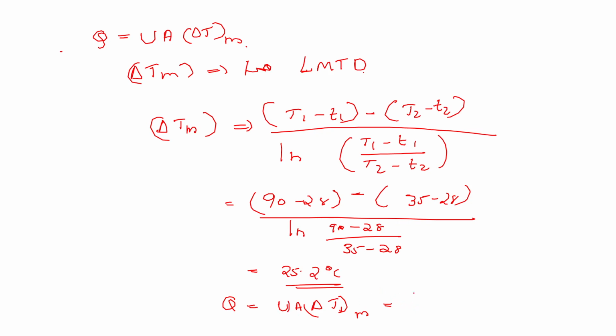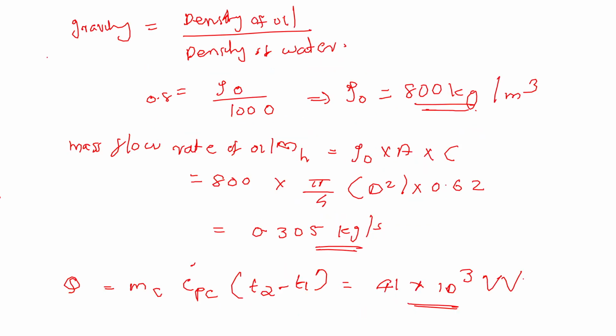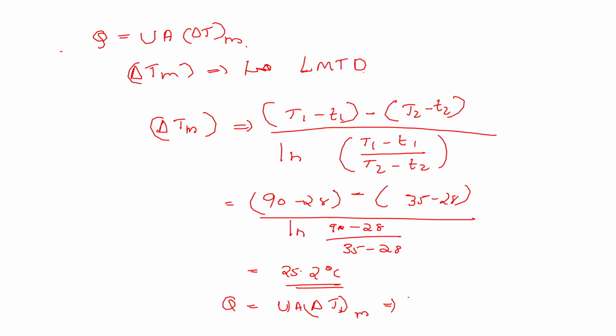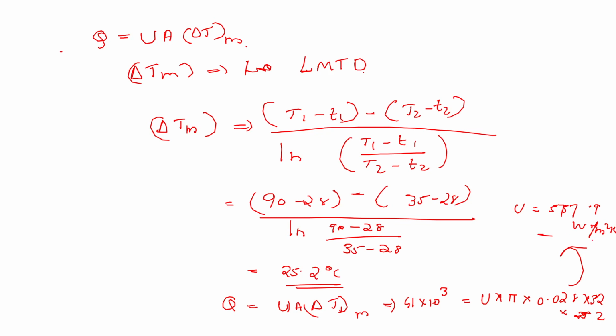Q we already found from the earlier session, 41 times 10 to the power 3, that is equal to U times area, which is pi d L. So pi times 0.028 times 32 times 25.2. From here you will get the value of U as 577.9 watt per meter square Kelvin. So this will be the final answer.